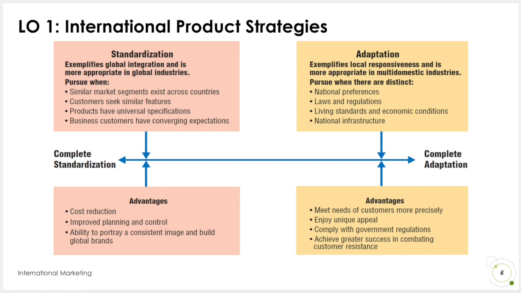Third, the company is able to comply with local or national government regulations. Hence, there will be fewer barriers and obstacles for the company. And last, the company achieves greater success in combating local and global competitors because it addresses the specific needs of customers more precisely.